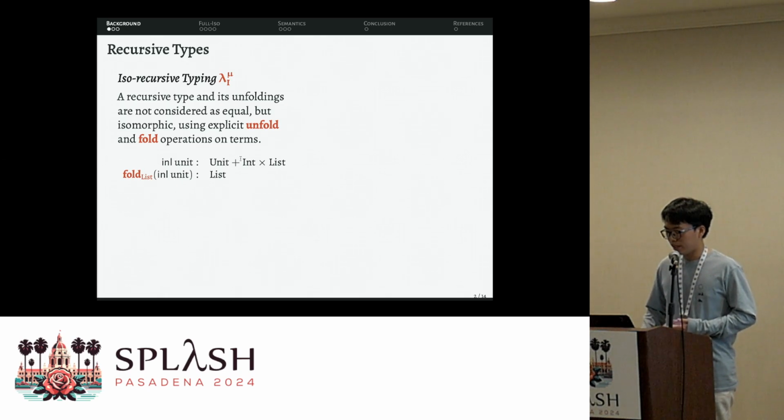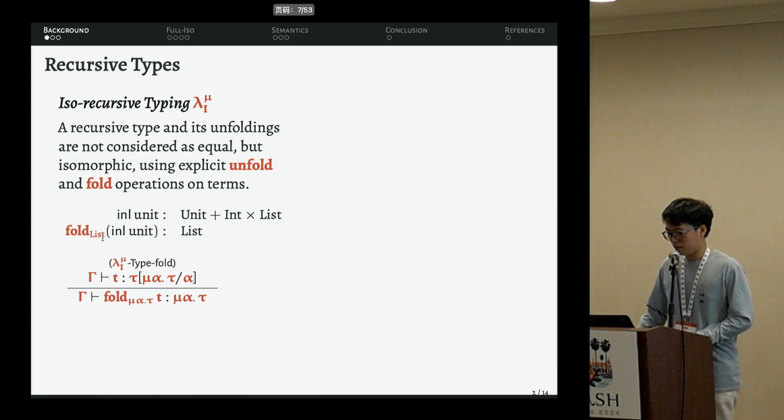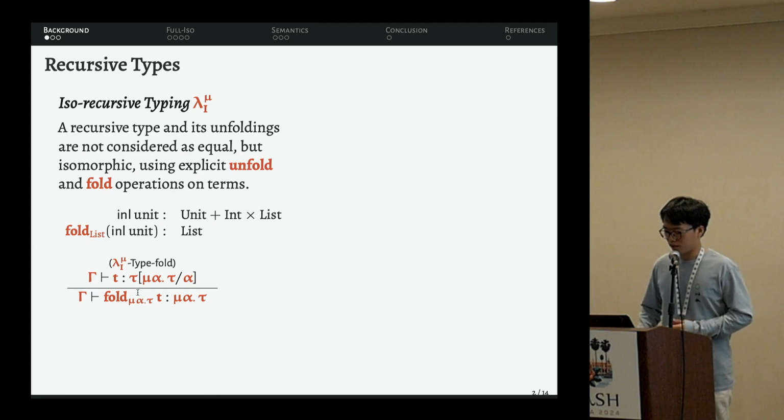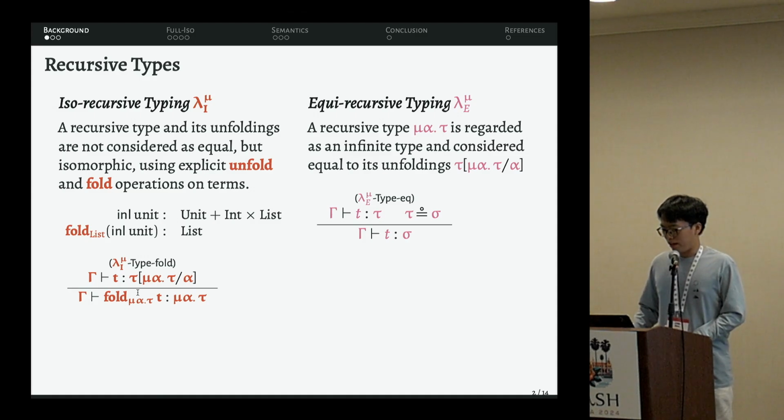But in order to get its recursive type, you need to insert a fold operator before the term in order to do the transformation in the iso system. This can be described by this typing rule, where you have this fold constructor in your term language that does the folding. On the other hand, equi-recursive types do not have these unfolds and folds.